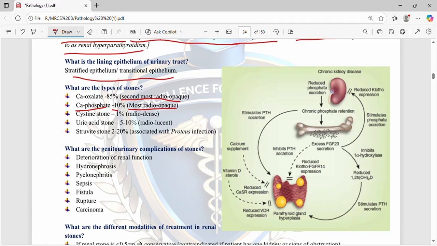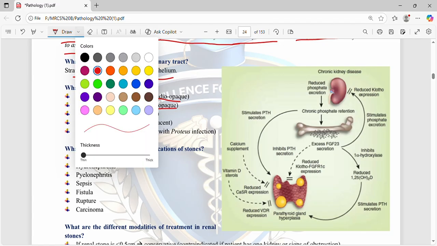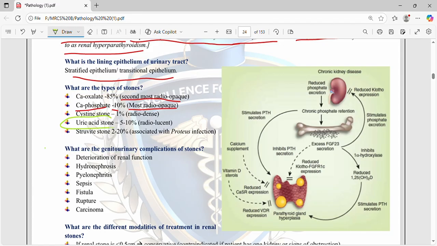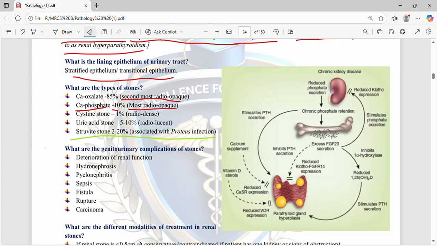So calcium phosphate is the most radio-opaque, but calcium oxalate is the most common and the second most radio-opaque. Cystine stones are 1% and radio-dense, and uric acid stones are 5 to 10% and radiolucent. So uric acid stones are radiolucent; they cannot be detected on X-ray. Struvite stones are associated with Proteus infection.